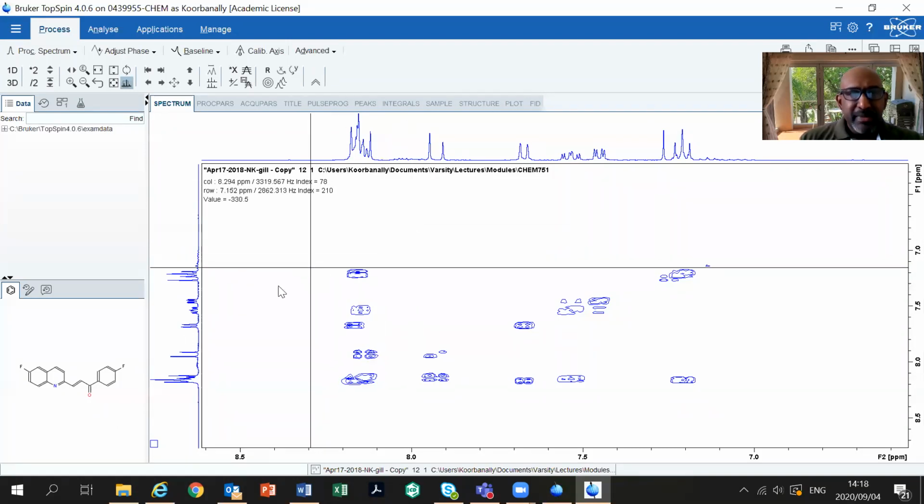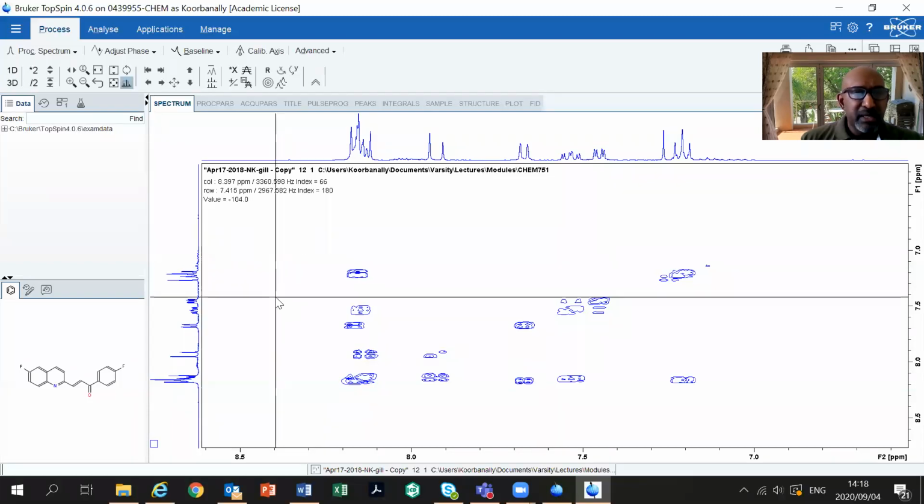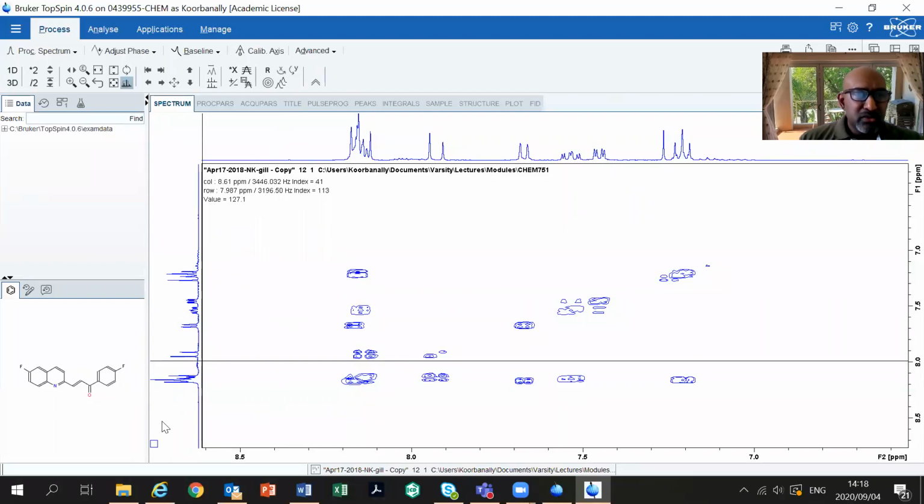Right, now there are some active buttons in a 2D NMR spectrum. If I want to look at this y-axis here, and I want to make this active, I must click on that small square that you see on the left of your screen. That small square makes that axis active.